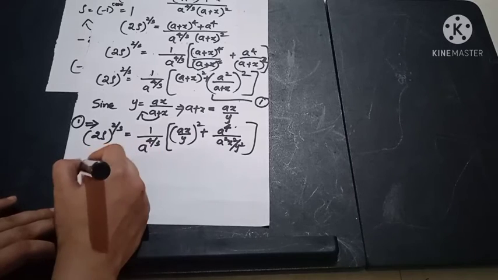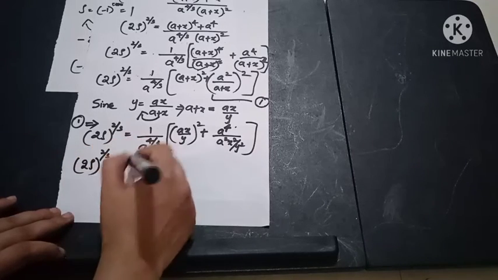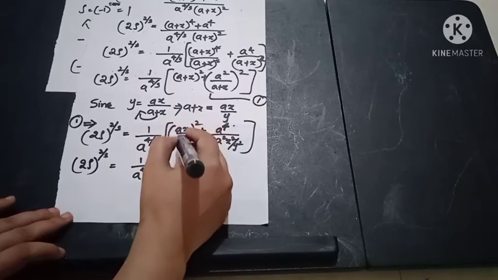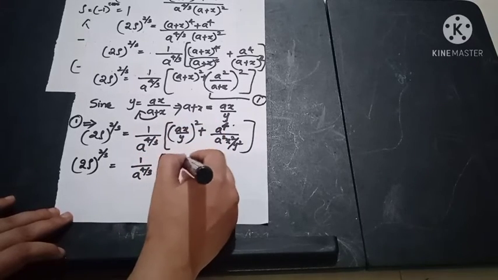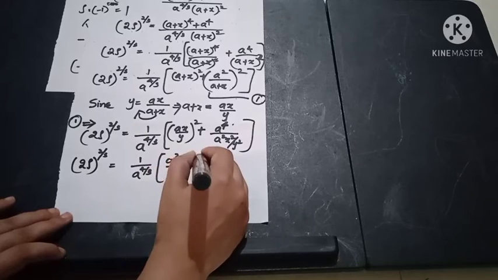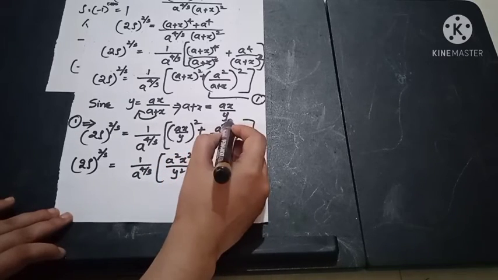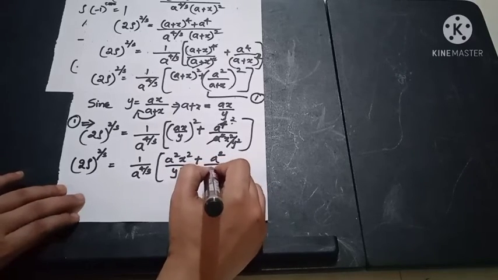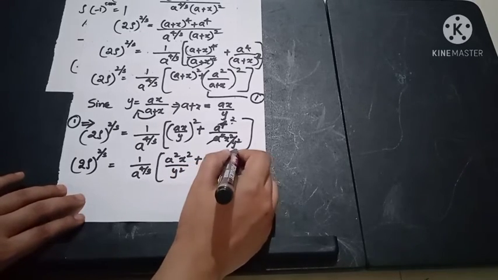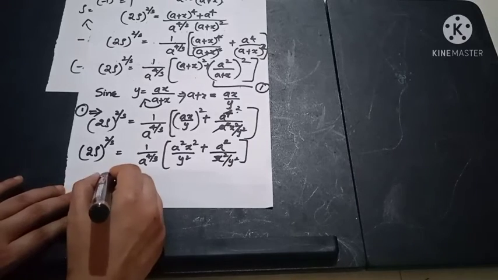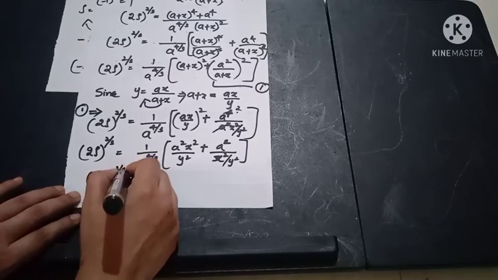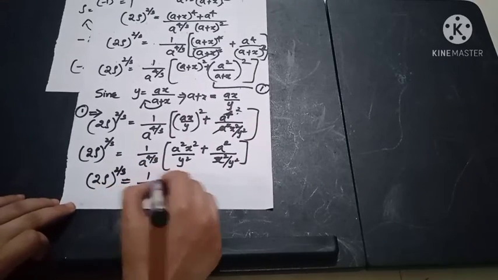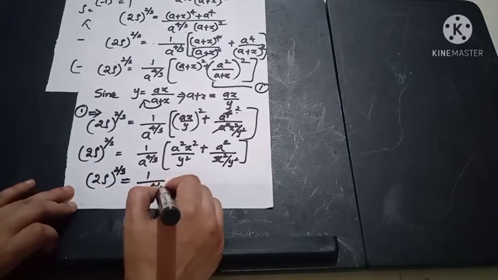So this is (2ρ)^(2/3) equal to 1 over a^(4/3).